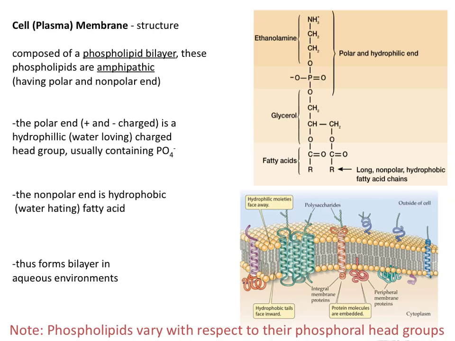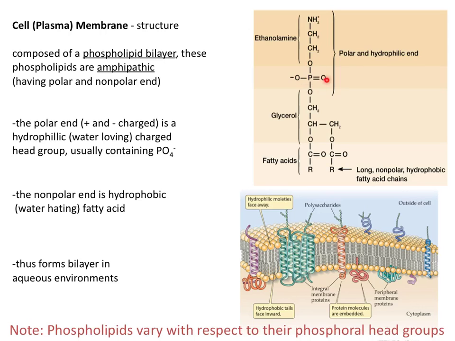So here we have a more detailed diagram of what the plasma membrane structure looks like. As I said before, it's composed of a phospholipid bilayer. And these phospholipids are amphipathic. So that is, they have a polar and a nonpolar end. What you're seeing here is a diagram of the chemical structure of a phospholipid.